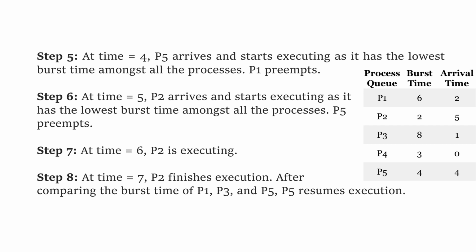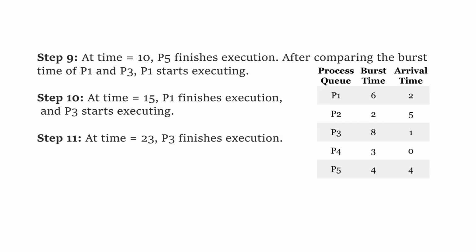If you have not seen the non-preemptive approach video, you can check it on our channel. At time 5, P2 arrives and starts executing as it has the lowest burst time amongst all the processes. P5 preempts. At time 6, P2 is executing, and at time 7, P2 finishes execution, and after comparing the burst times of the processes, P5 has a shorter burst time and P5 resumes execution.